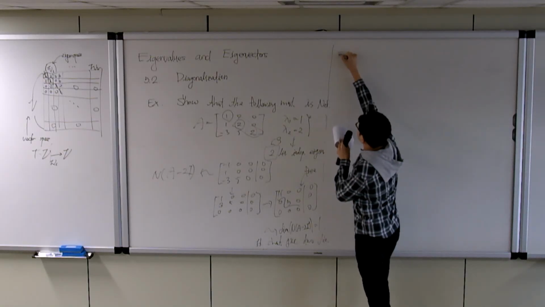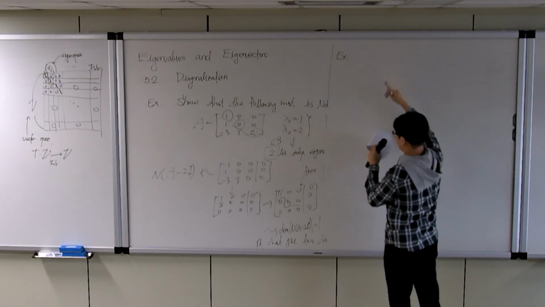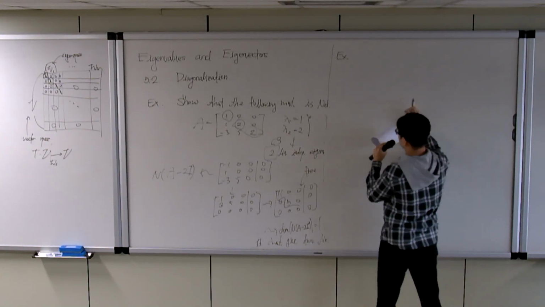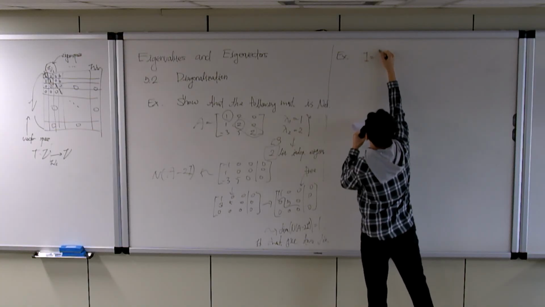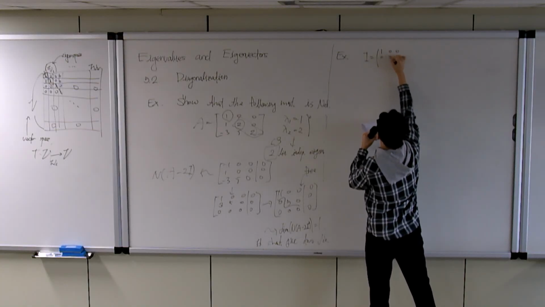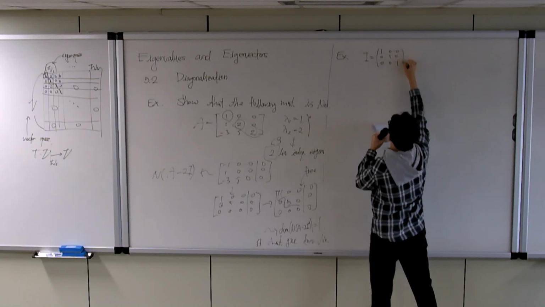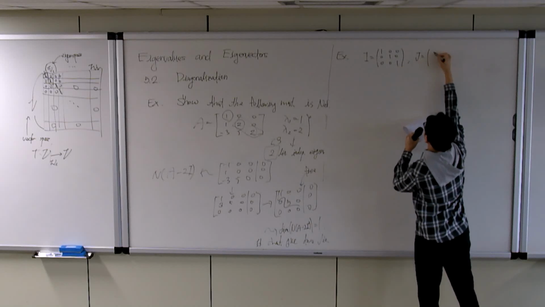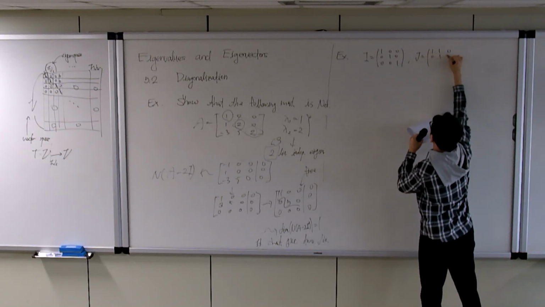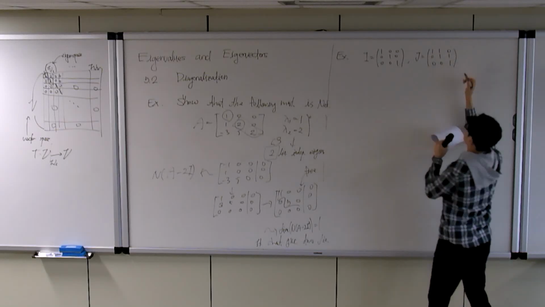But in the case of J, the dimension of the null space of J minus I gives a linear system over here.